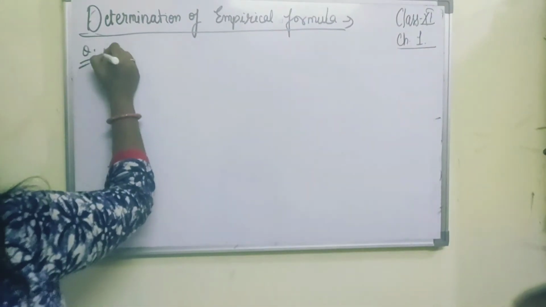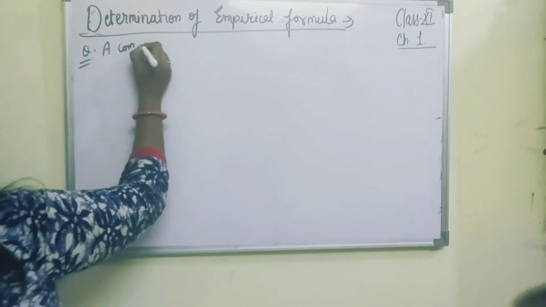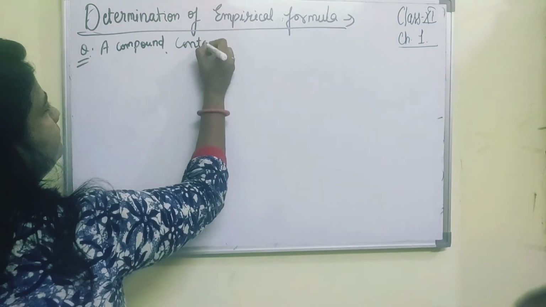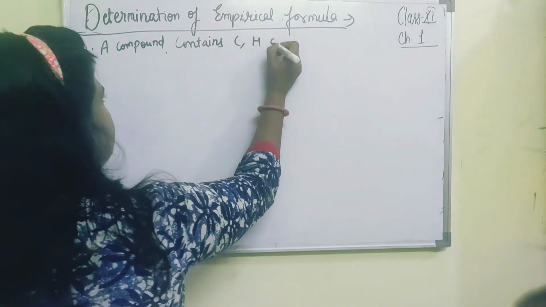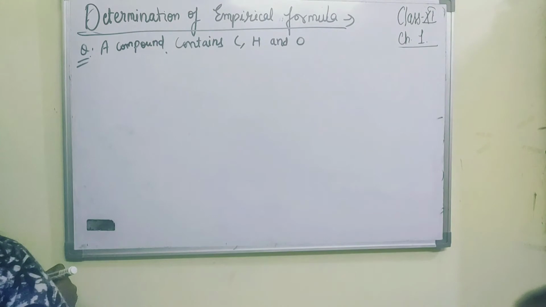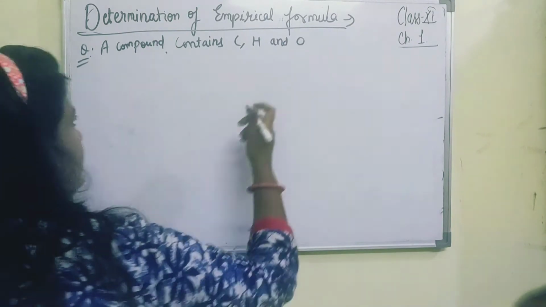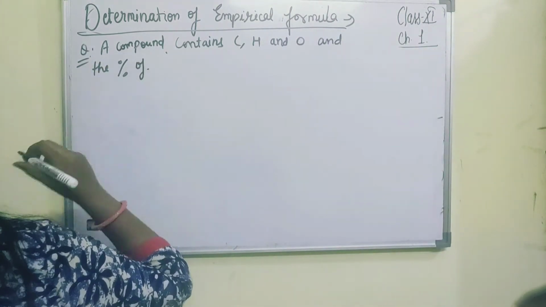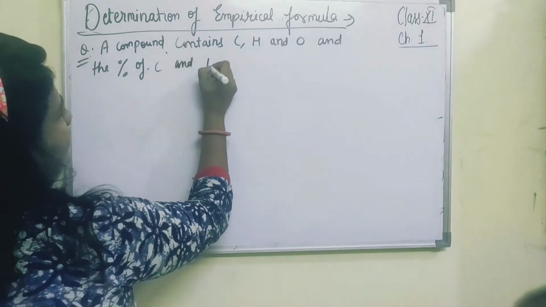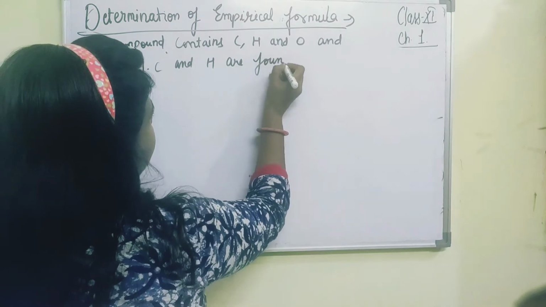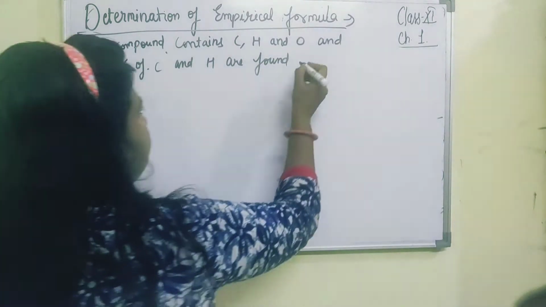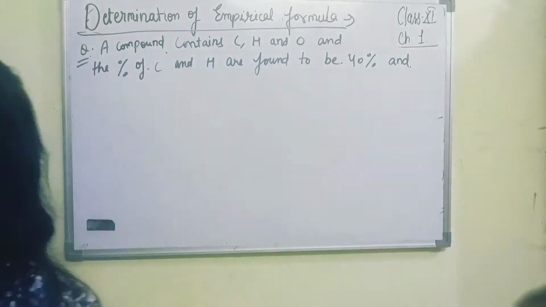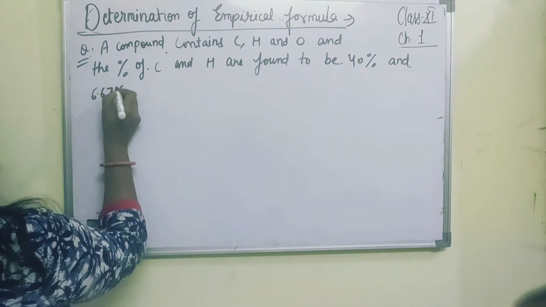Suppose question is: a compound contains carbon, hydrogen and oxygen, and the percentage of carbon and hydrogen are found to be 40% and 6.67%.